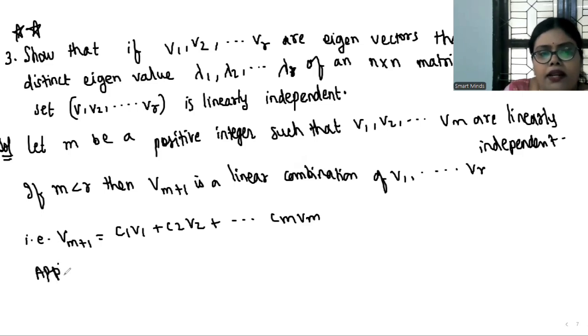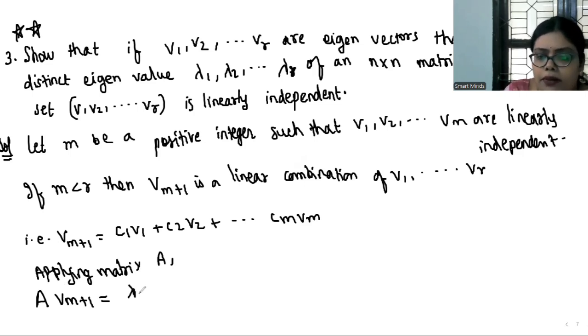Now applying matrix A. What do you get? A into Vm plus 1 is equal to lambda m plus 1 Vm plus 1. That is equal to lambda m plus 1 into what is Vm plus 1?